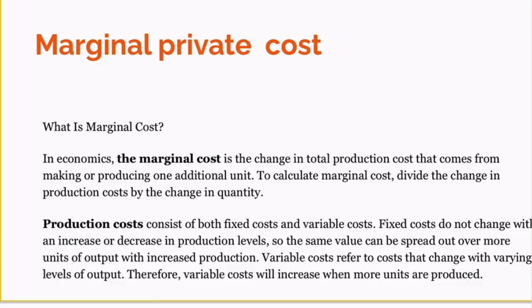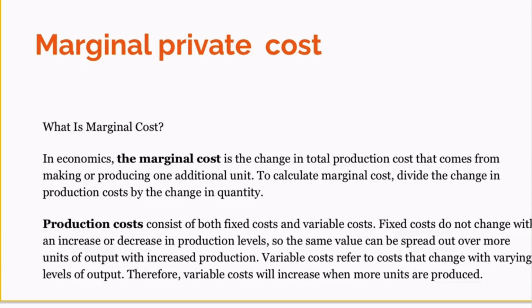But if you want to figure out what additional cost the firm has to bear if it is going to produce the 101st unit, so it is going to add one more unit, that additional cost is called the marginal cost, right?